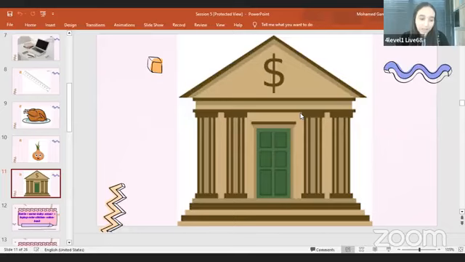Yasmin, a bank. Tota said a bank. Yusuf, bank. And Muhammad also said it's a bank. All right, everyone. So these are the correct answers.